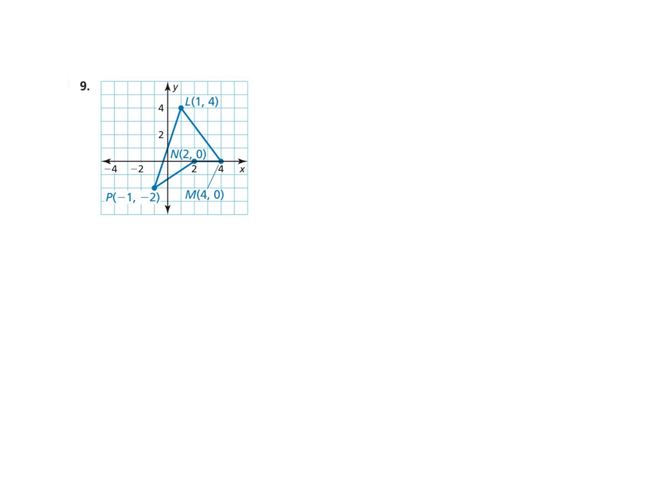Number 9. The horizontal and the vertical lines, we can all count those, but there's only one horizontal line, and that's right here. That's 2 units. So now you're going to use the distance formula to do everything else. So the distance from P to N, and you need to do this so you get faster at it.